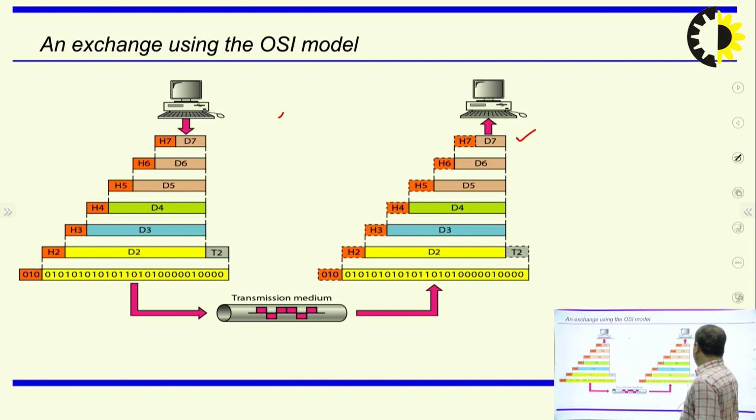At the physical layer the bits will be the same, and it detaches its control information, I mean the header. Similarly, at the data link layer they detach, and finally the message is received on the application layer. So an exchange using the OSI model can be visualized with this diagram.